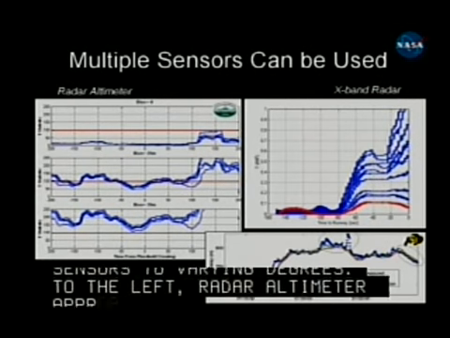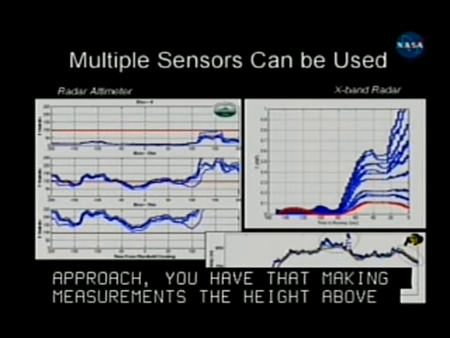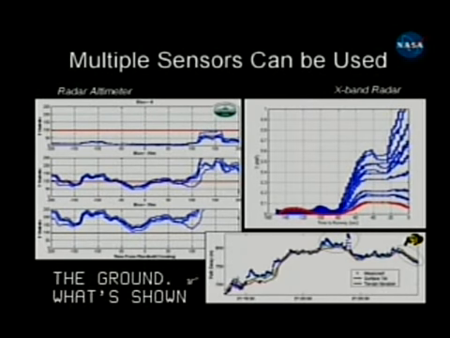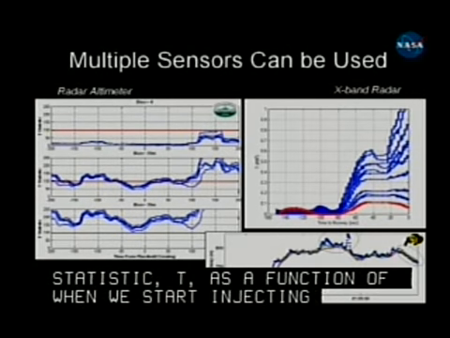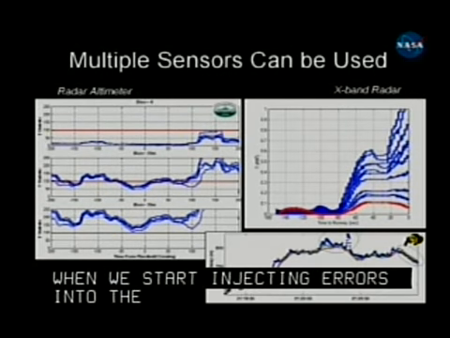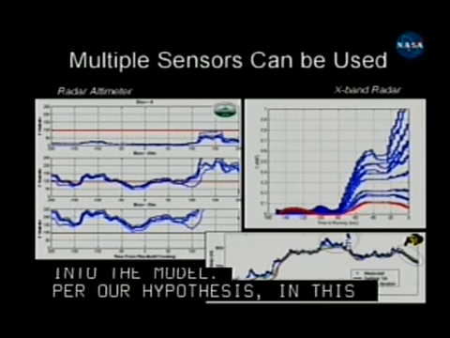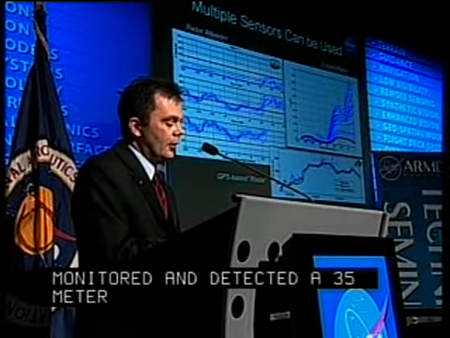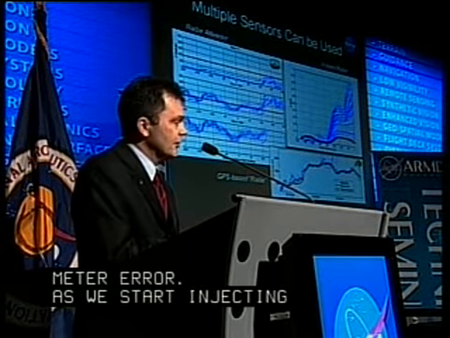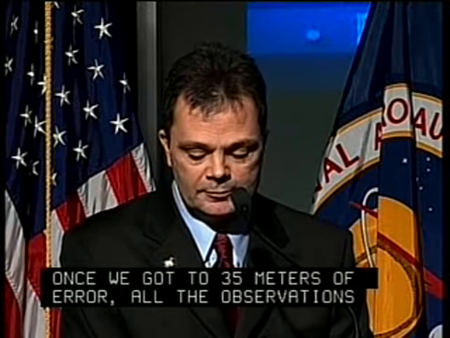What's shown in these plots is our agreement statistic, T, as a function of when we start injecting errors into the models. Per our hypothesis, in this particular case, we designed the monitor to detect a 35-meter error. And as we start injecting errors, indeed, once we got to 35 meters of error, all the observations showed us exceeding the threshold, and so we were getting alerts. So we did achieve our desired integrity.